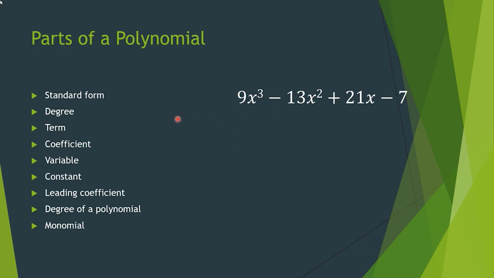It's also in order. The degree of the polynomial, or degree of the terms, is the power of the variable. So the degree of 9x cubed would be 3.